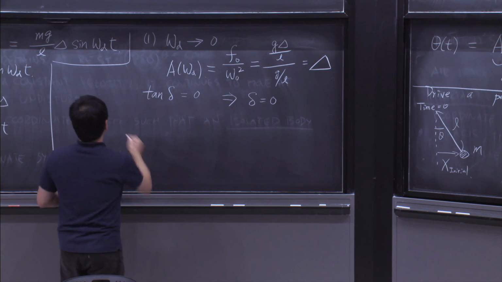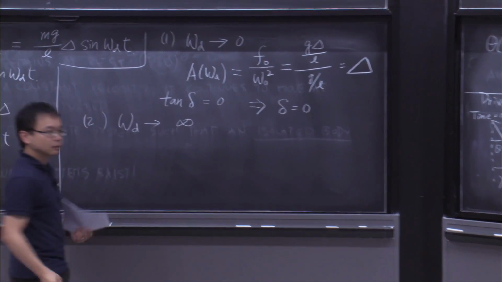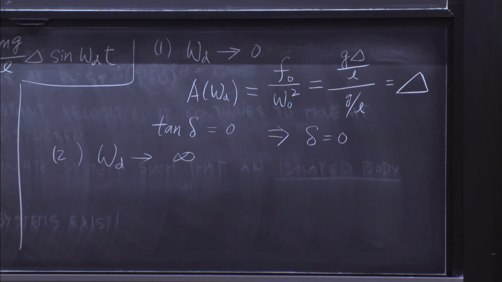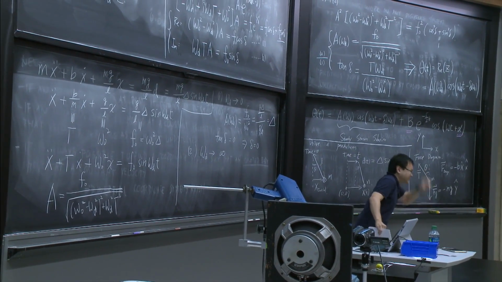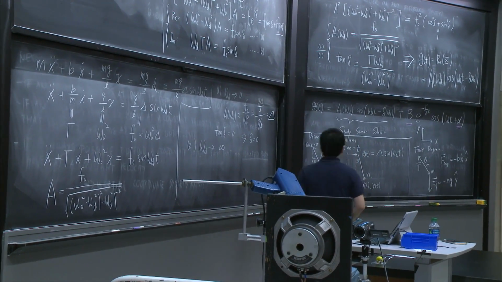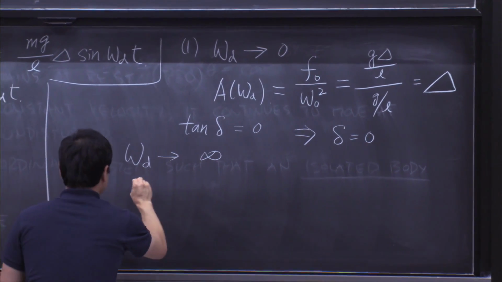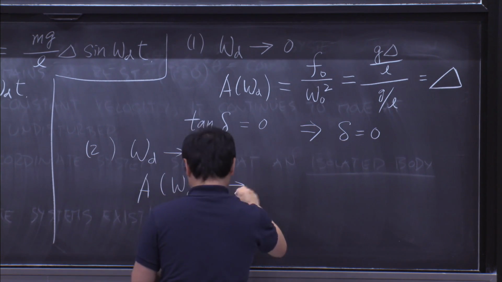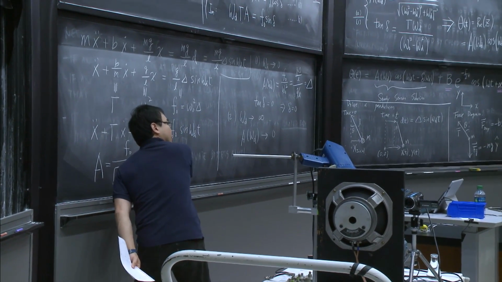The second limit, obviously, omega d goes to infinity. Okay, what does that mean? That means I'm going to hold this string and shake it like crazy, really fast, and see what will happen. So in that case, A will go to 0 because omega d goes to infinity.